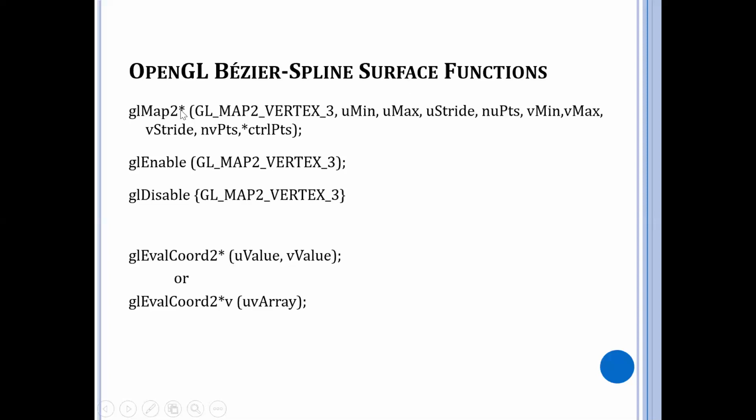The suffix code of F or D is used with map2 to indicate either floating point or double values for the data.